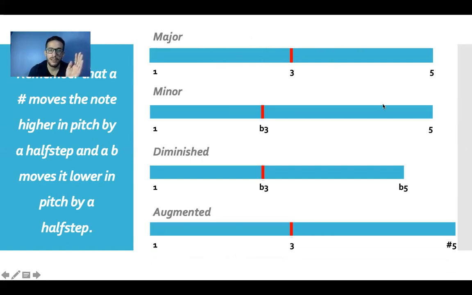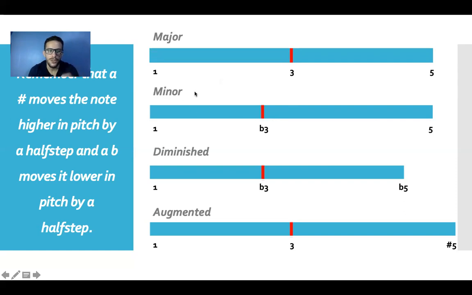The minor one, obviously all the ones are going to be parallel to each other. And in the minor one, the 5 is going to be the same as this. But the only difference is the flat 3. So the flat 3 is not going to be here in the middle. It's going to be a little bit before.